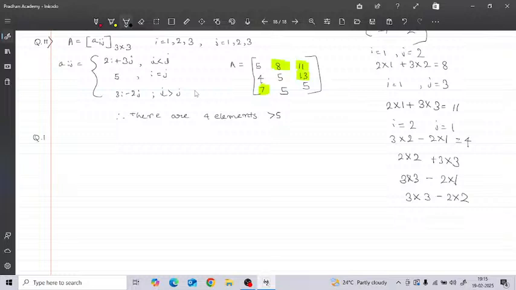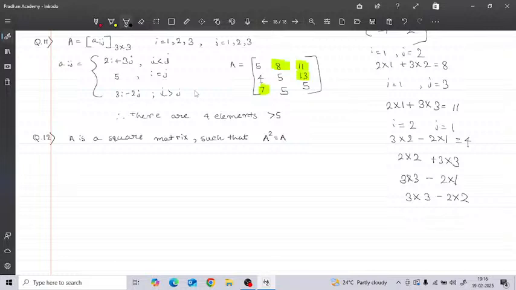Question number 12. A is a square matrix such that A squared equals A. It is given.